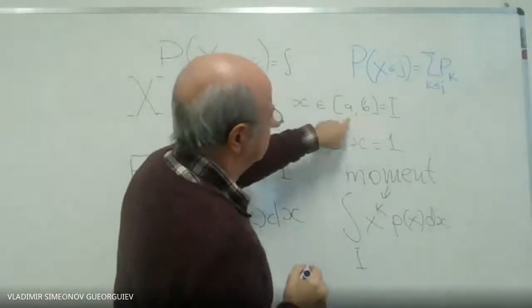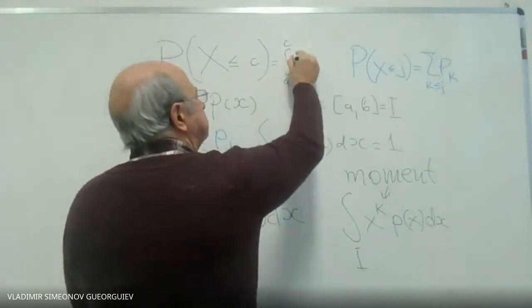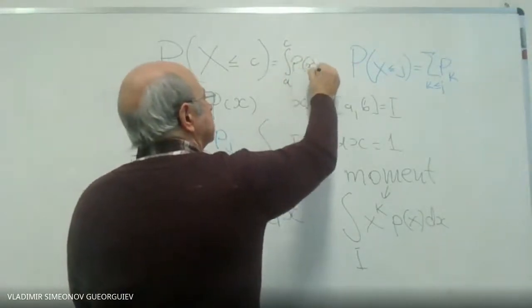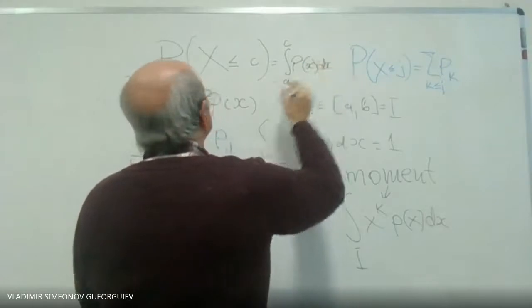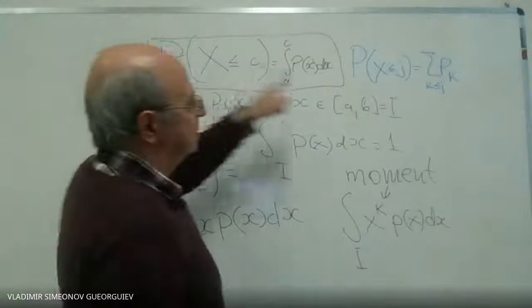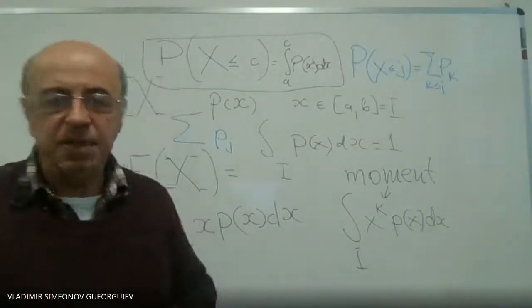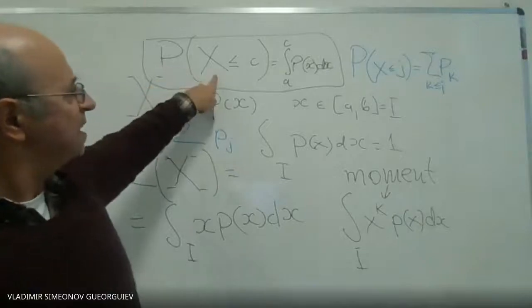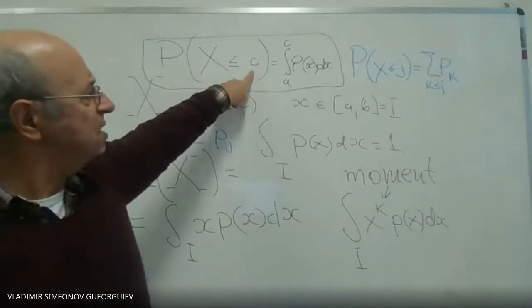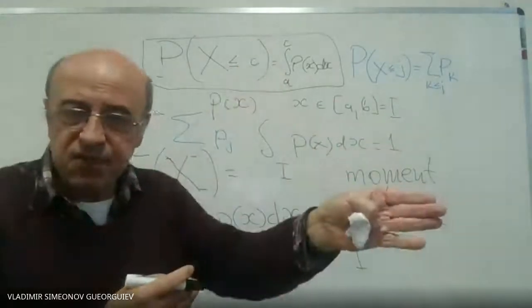Now we said our interval is A to B. We have the integral from A to C of p(x) dx. So often we shall measure some random variable, saying the probability that the random variable is smaller than C is simply you take the integral up to C.